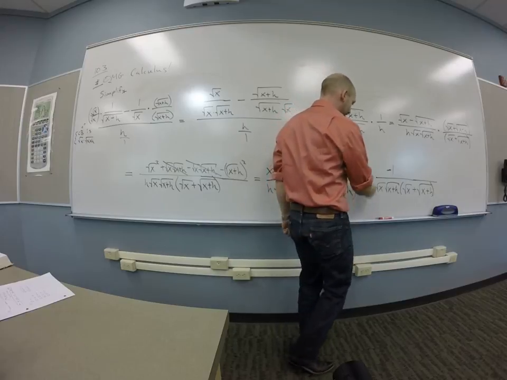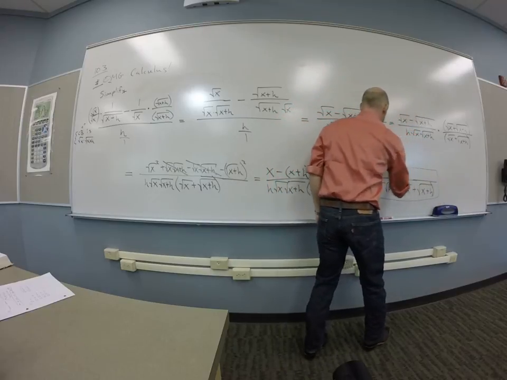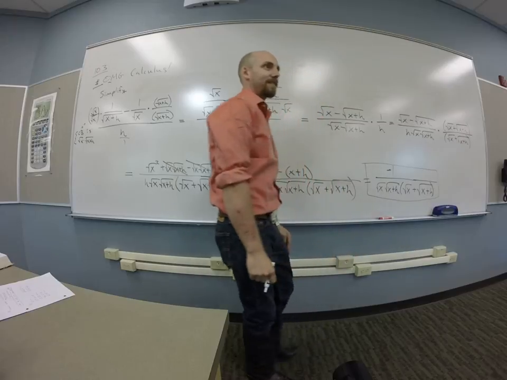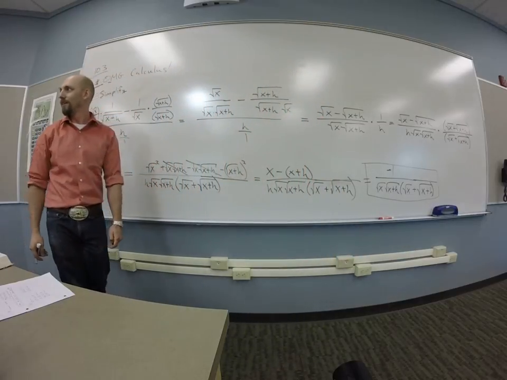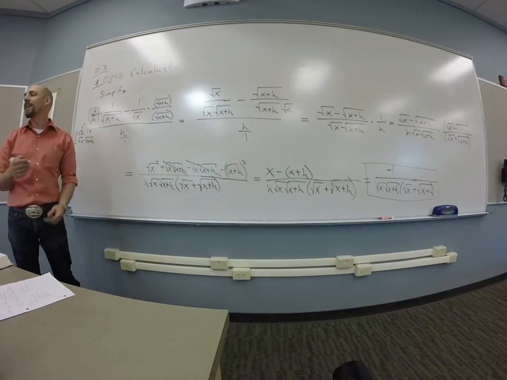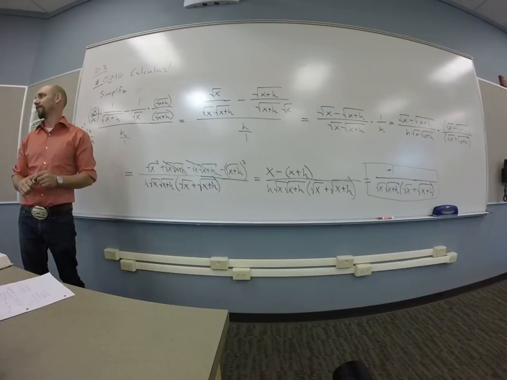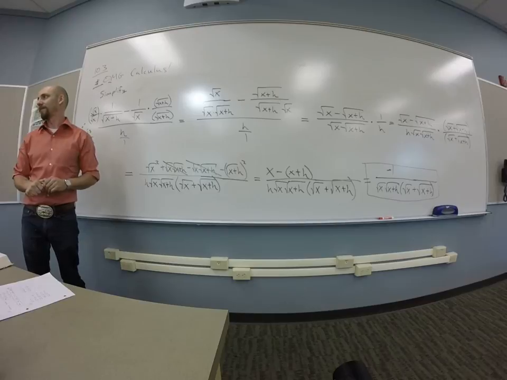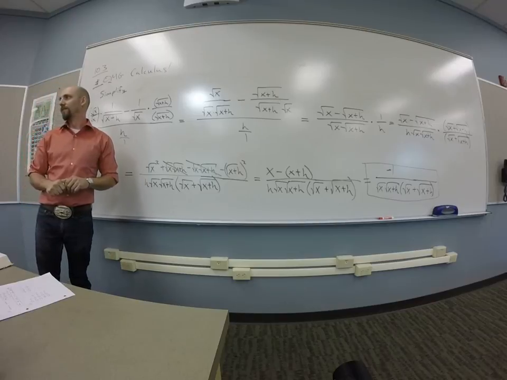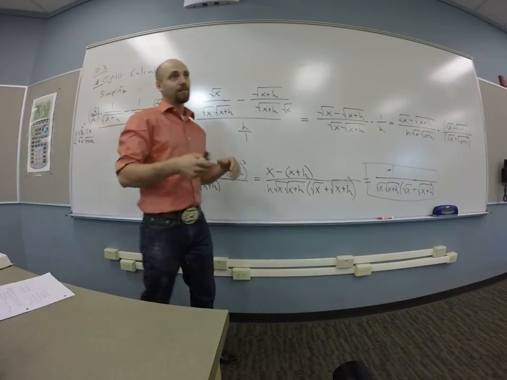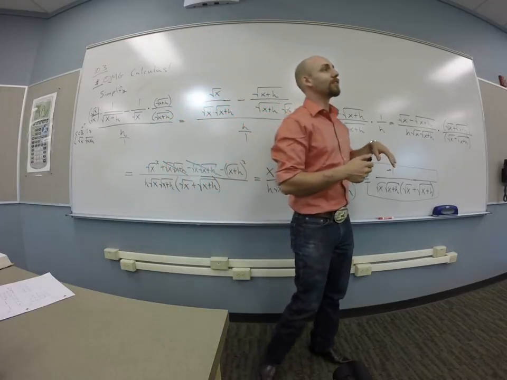Cool? This is as simplified as you can go. And you don't bother multiplying that out? No, because the next thing you're going to do on the calculus problem is you're going to plug h equals 0 into this. So really, this is part of a big calculus thing.